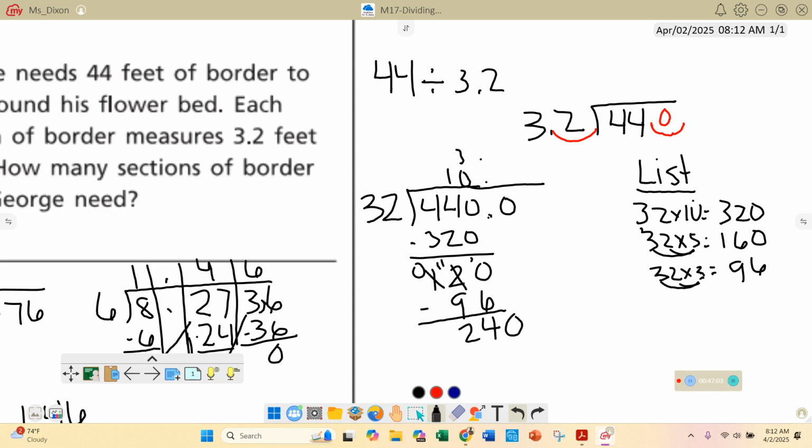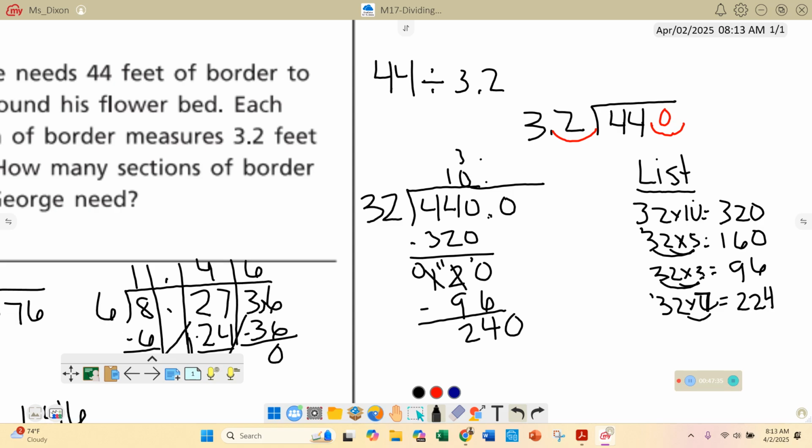All right, I know that 32 times 5 is 160. Let's see if we can get a little bit closer. Let's try 32 times 7. I'm going to do 7. Right? 7 times 2 is 14. 7 times 3 is 21. Plus 1 is 22.